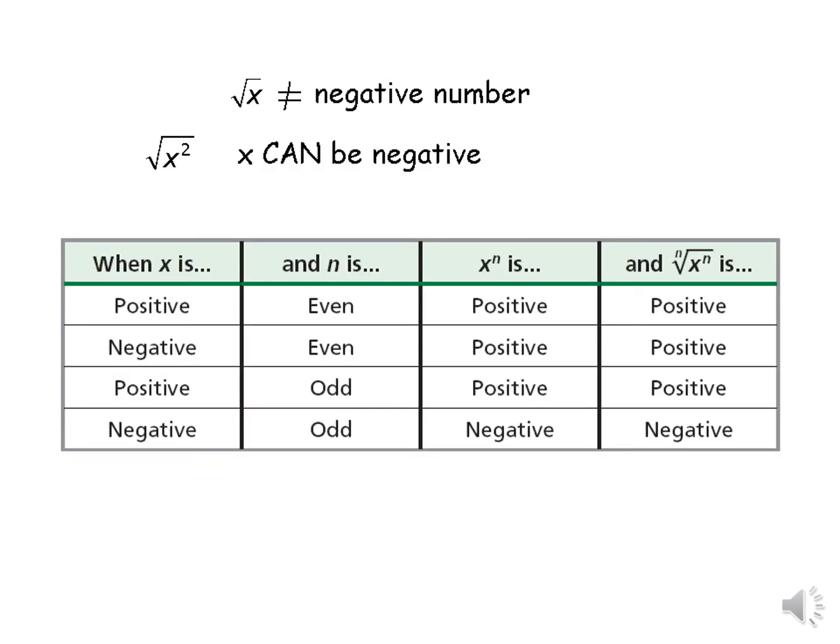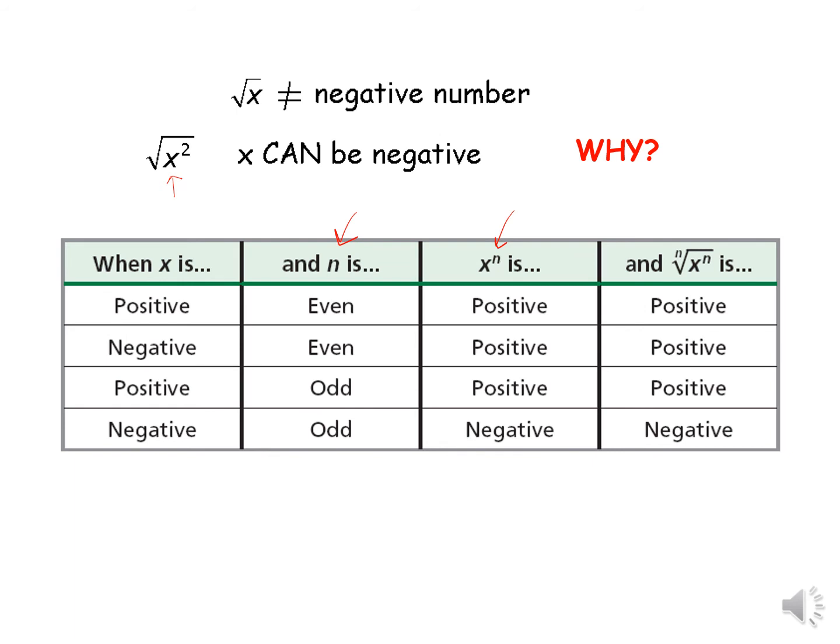Okay, so on this, they want you to understand what each of these means. If x, which is the base, is positive, and if n is even, then x to the n is this. So I'm just going to give you a bunch of examples.